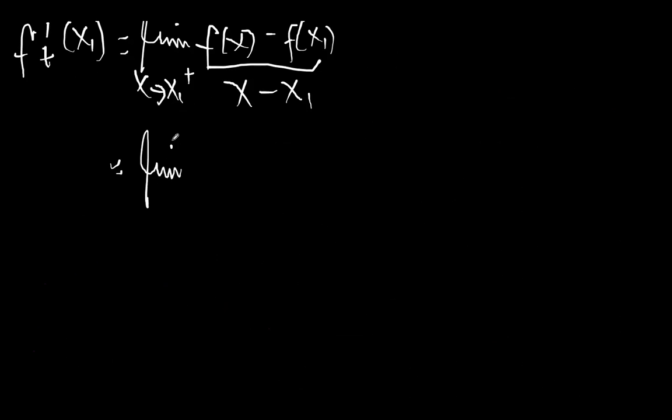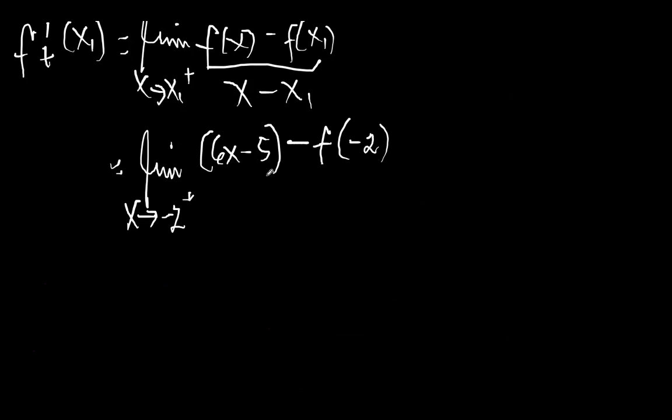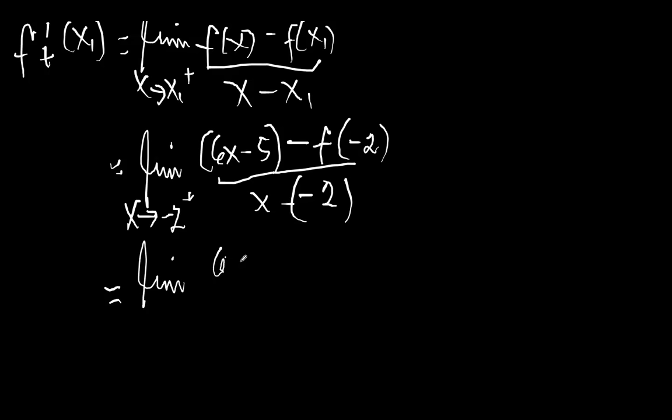So that's the limit of 6x minus 5 minus the function value of f of -2, as x approaches -2 from the right, all over x minus -2. So let's simplify this. What is the value of f of -2?